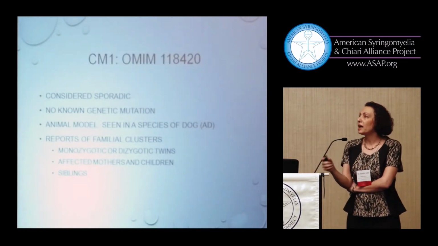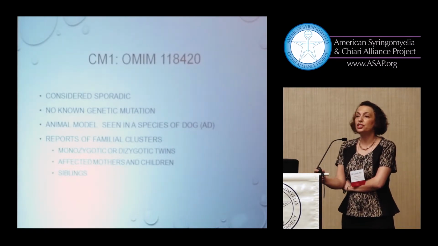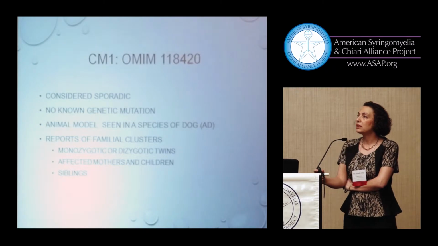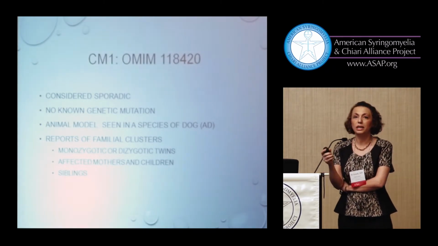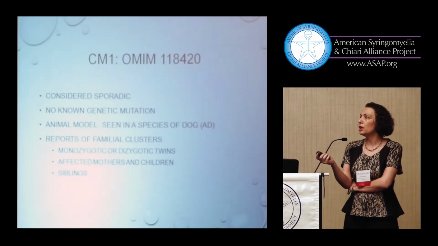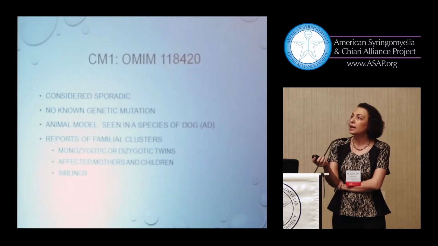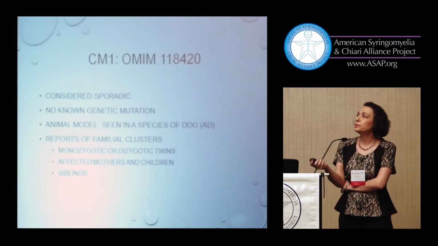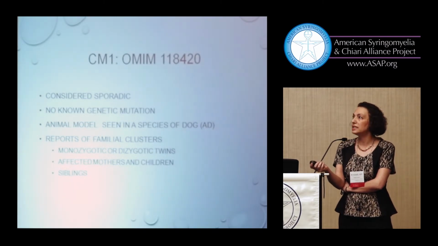All right, talking about the genetics of Chiari malformation is quite challenging because not much is known about it, and even the most exhaustive search of the literature and databases would give you not much more than saying that it is sporadic. Basically, there are no known genetic mutations that have been identified.